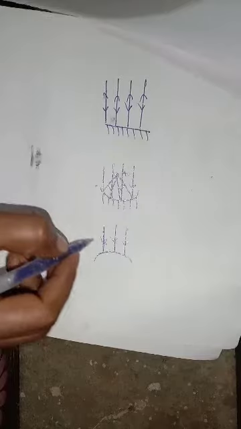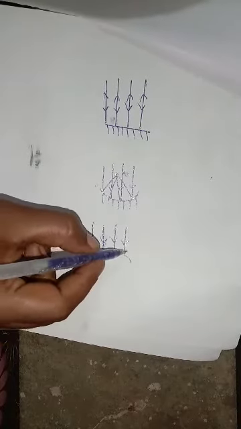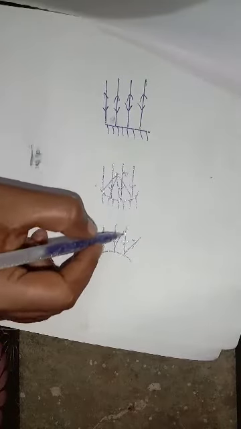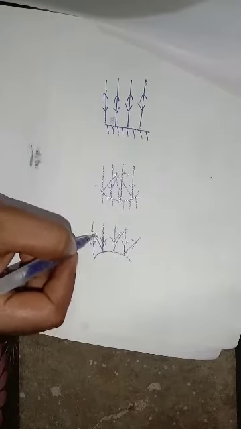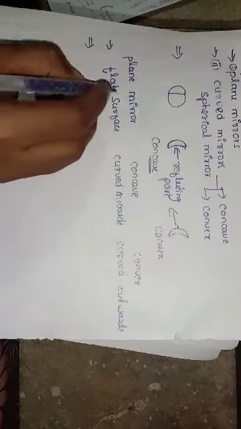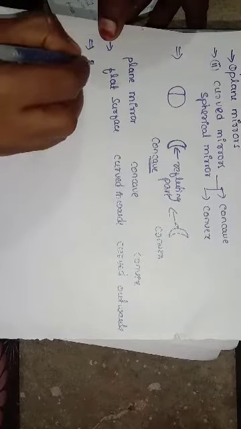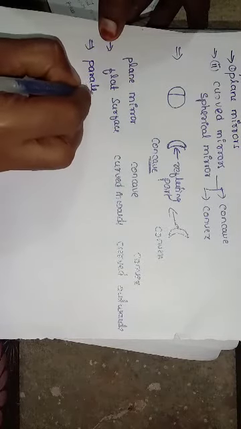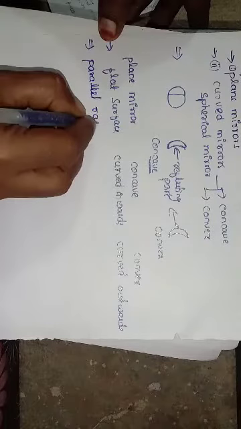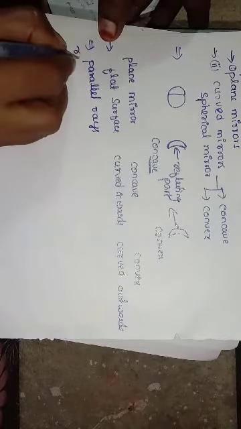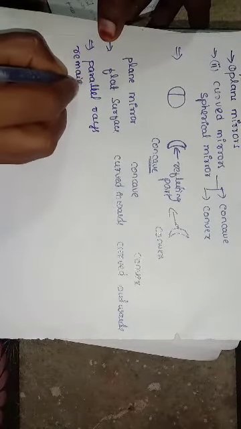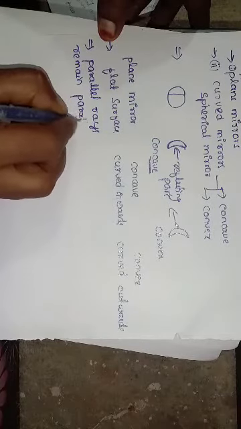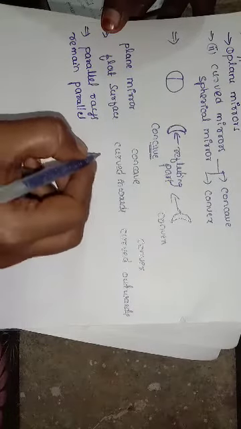What about the convex mirror? If a parallel beam of light is incident on this convex mirror, they diverge. That's why this convex mirror is also known as a diverging mirror. Here, parallel rays converge, right?